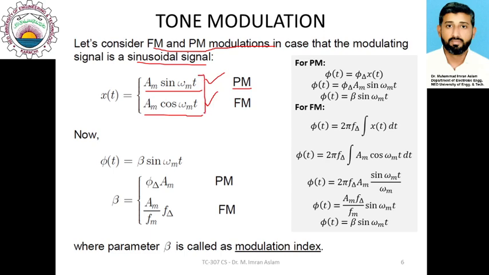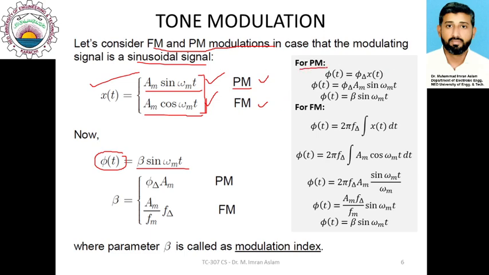Why did I make these different assumptions? This is because with this assumption the phi t definition would become the same for PM and FM. So it will generally simplify the analysis, because we have made a different definition for the tone signal, but with the same beta, the rest of the analysis would become the same for both FM and PM. How the result becomes the same is illustrated here.